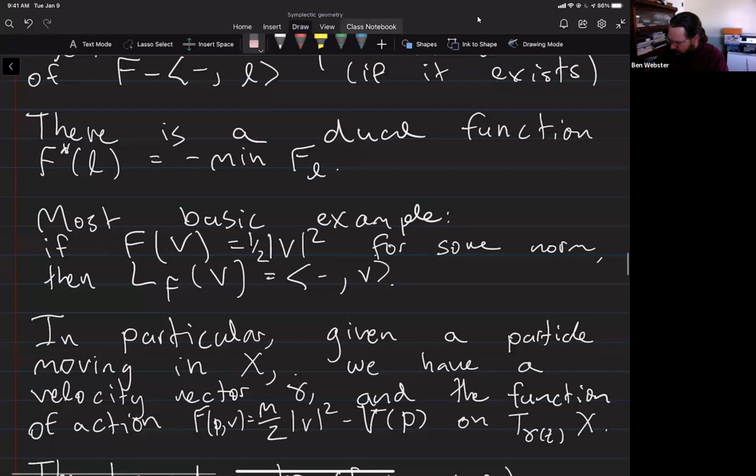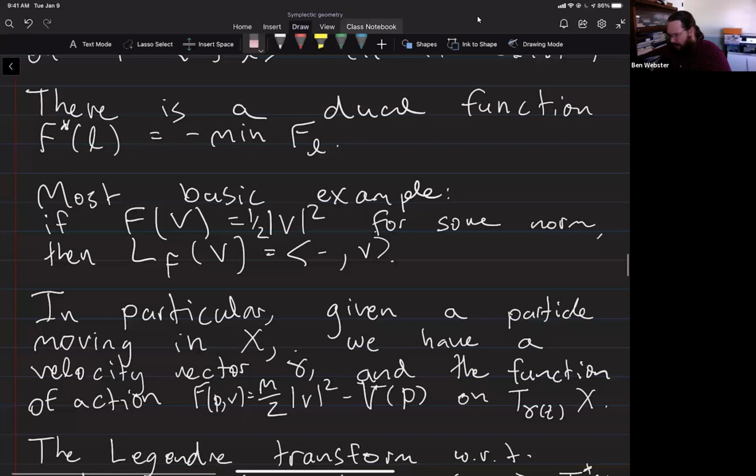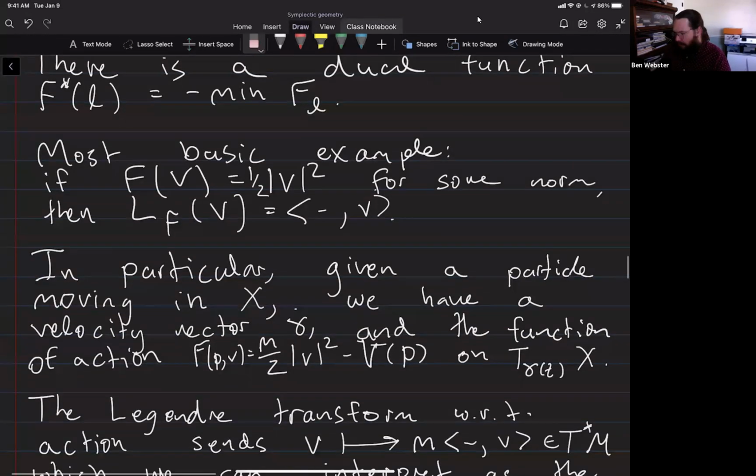All right. So for us, this is going to be the operation that gets us between the tangent bundle and the cotangent bundle, or in physics terms, between velocity and momentum. So when we have a particle moving in a Riemannian manifold exactly as before, well, we have this action functional on the cotangent bundle.